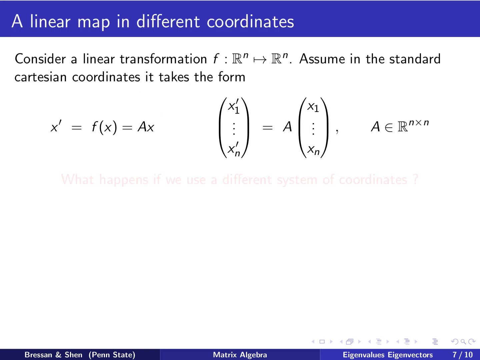Now we are interested in looking at a linear map in different coordinates. Let's consider a linear transformation. We call it f from Rn to Rn, assuming that in the standard coordinate we can write it as f of x equal to Ax.